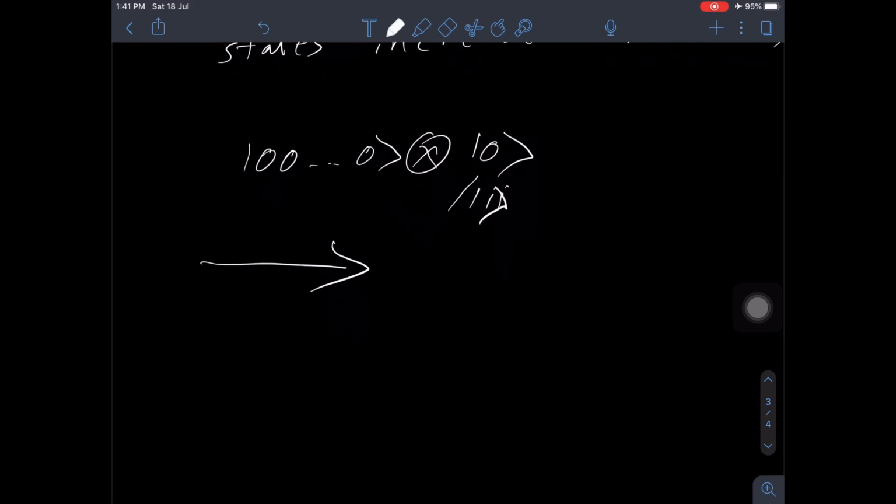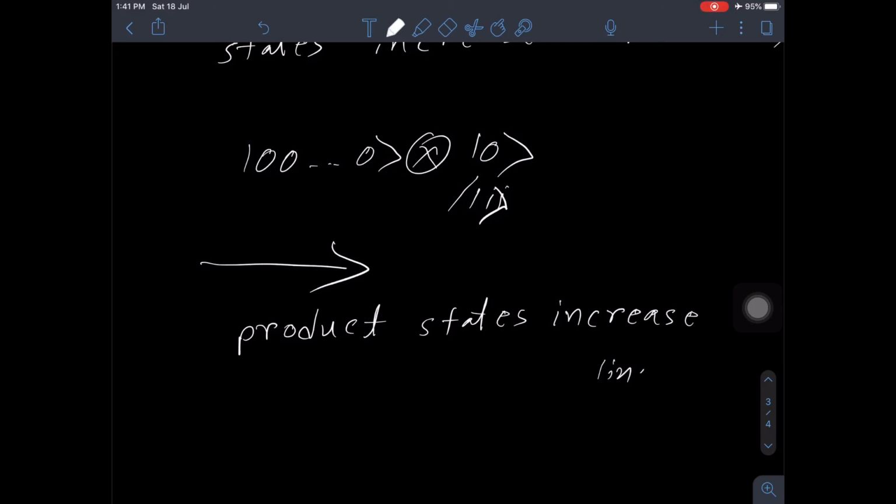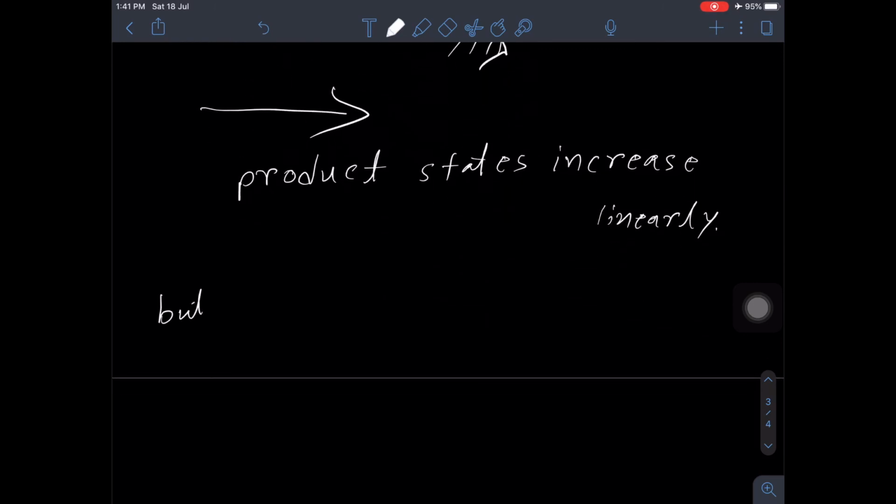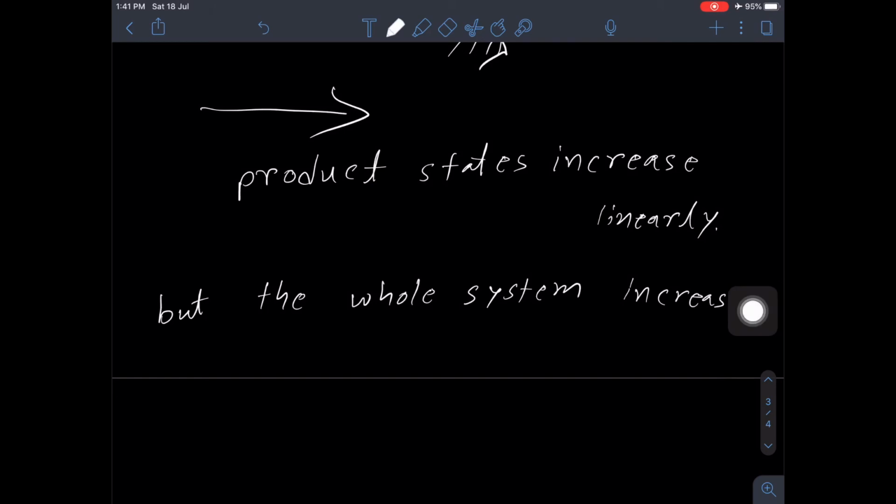All right, so the conclusion is product states increase linearly, but the whole system increases exponentially.